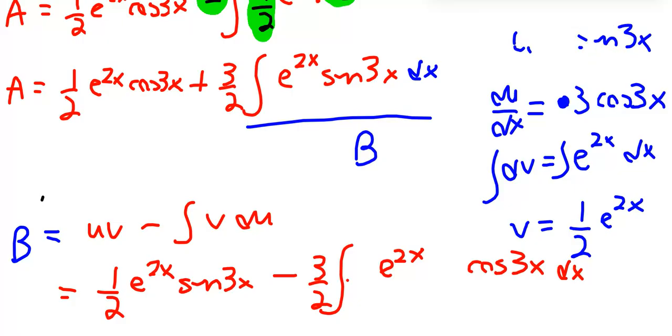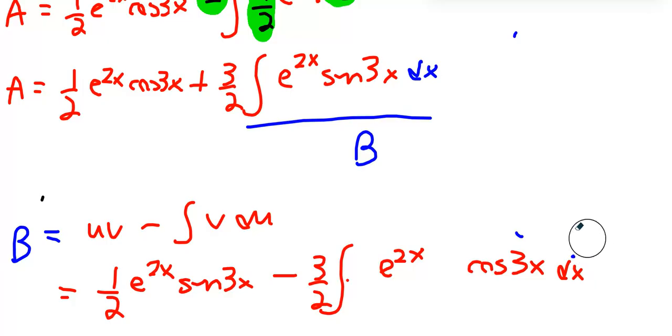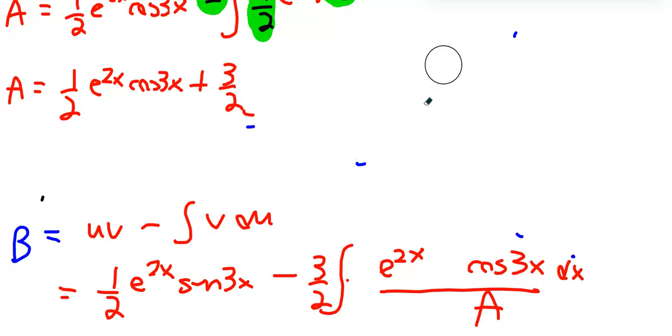Now what can I say this thing's called? This whole thing is A. It's actually A again. Does everybody see what I'm going to do with my B up here now? See that 3 over 2? I'm going to leave that 3 over 2 alone, and I'm going to sub out everything for B here.